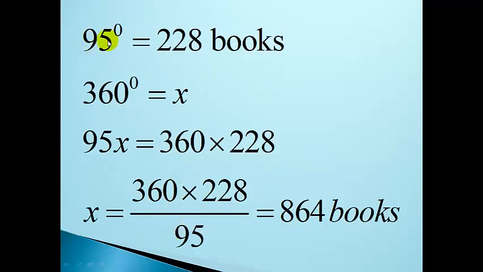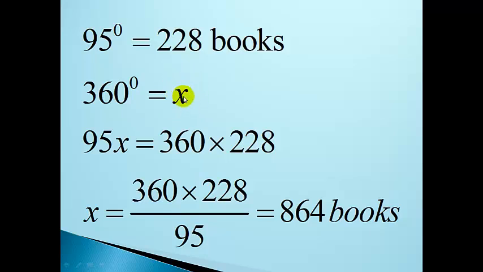Now, from the question, the number of mathematics books borrowed is 228, and the angle of sector for mathematics is equal to 95 degrees. That means that by proportion, we can write that 95 degrees is equal to 228 books, and therefore 360 degrees is equal to x, and the x will give us the total number of books borrowed.